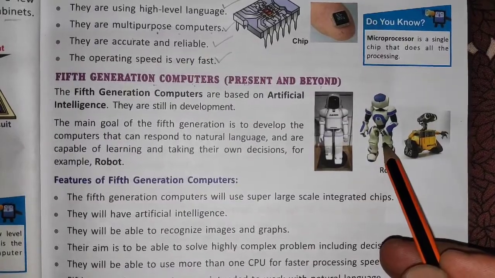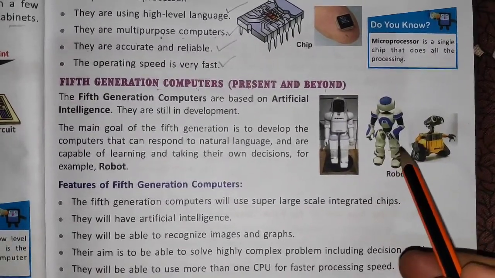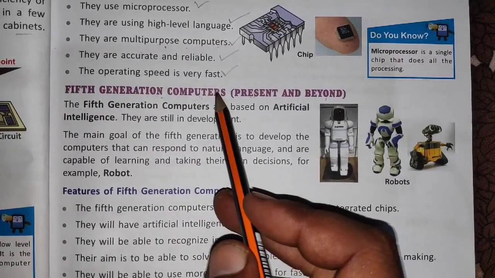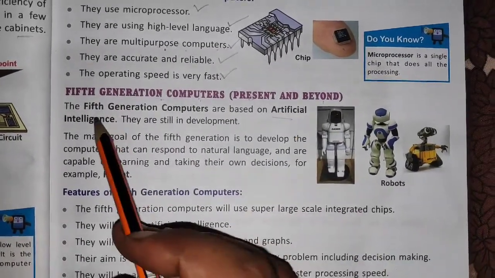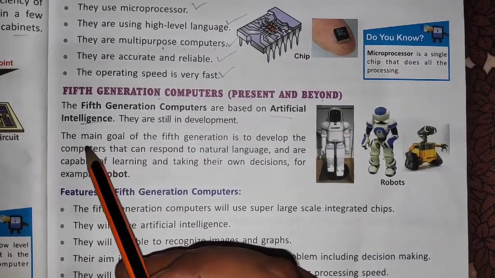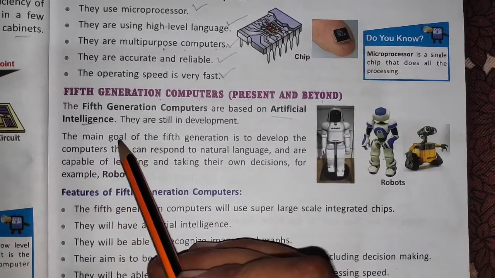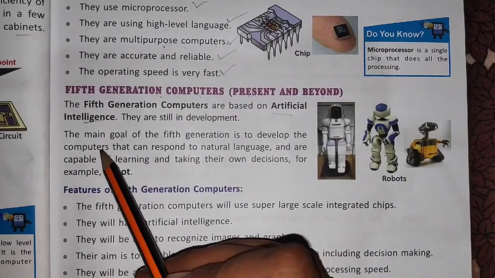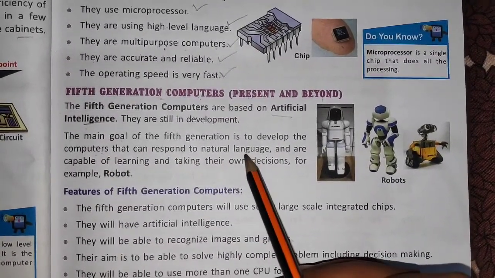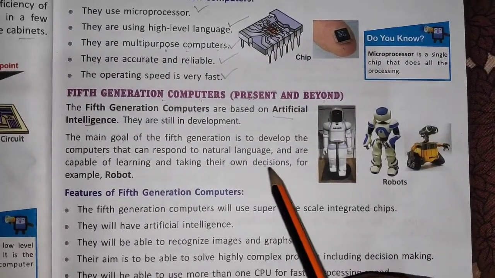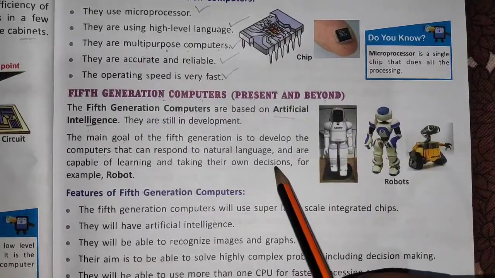So they can take their own decisions also. Such computers are called fifth generation computers. They use AI, artificial intelligence. This is the main goal of the fifth generation: to develop computers that can respond to natural language, and are capable of learning and taking their own decisions.